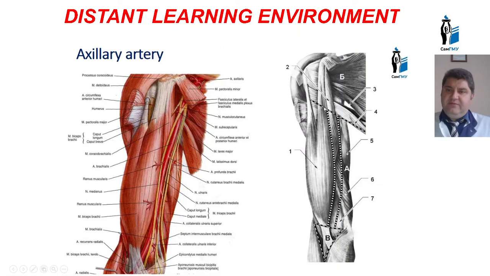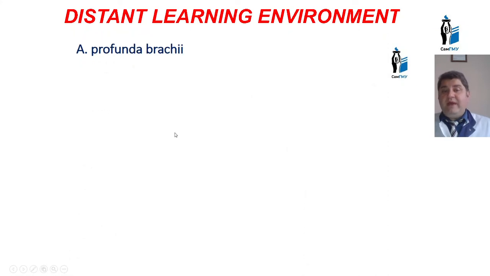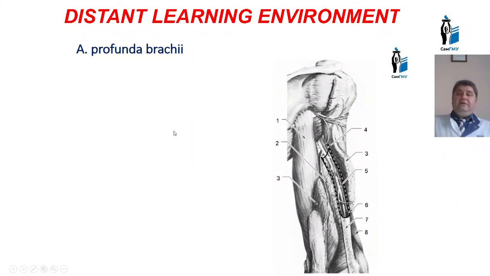For example, you may see this border here at underline number 4, and below this line the brachial artery starts from the axillary artery. So the brachial artery is the continuation of the axillary artery into the brachial region.